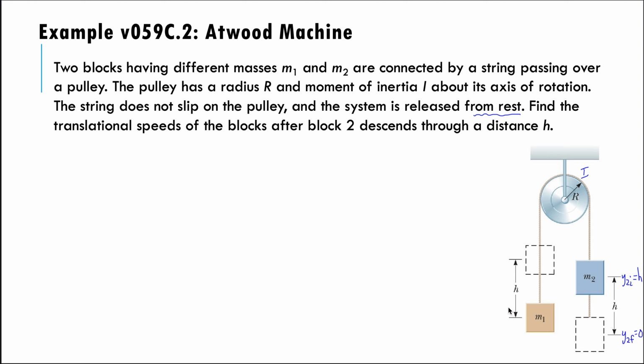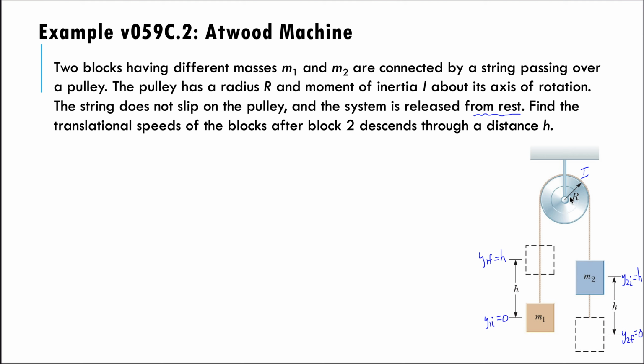Same thing for mass 1. The initial height is down here, so y1 initial is equal to 0, that's its lowest position. And then y1 final is going up to a height h relative to that initial height. So notice that the reference level is not the same for the two masses, and that's okay because all that matters is the change in potential energy for each mass.